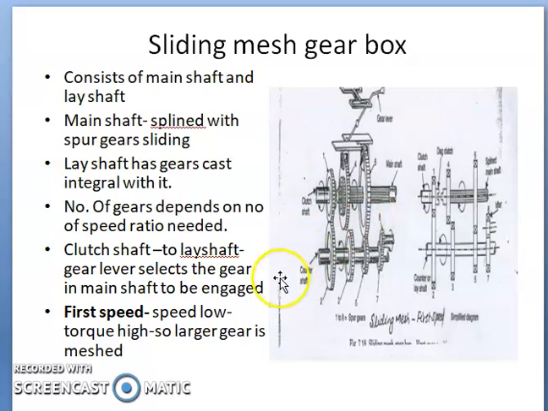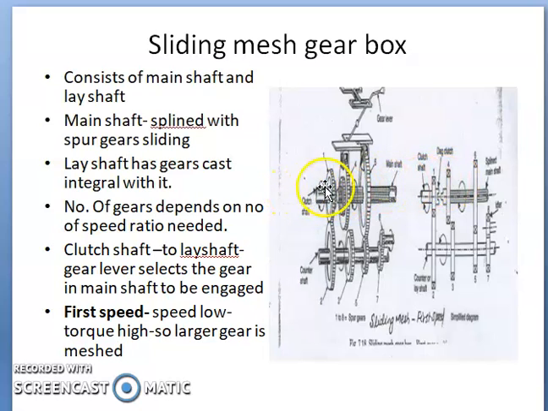When we want the first speed, generally the speed is very low and the torque requirement is high. So for the first speed, we generally take a larger gear on the main shaft and a smaller gear on the lay shaft. Now we can see how the power flows from the main shaft to the lay shaft and back again to the main shaft.